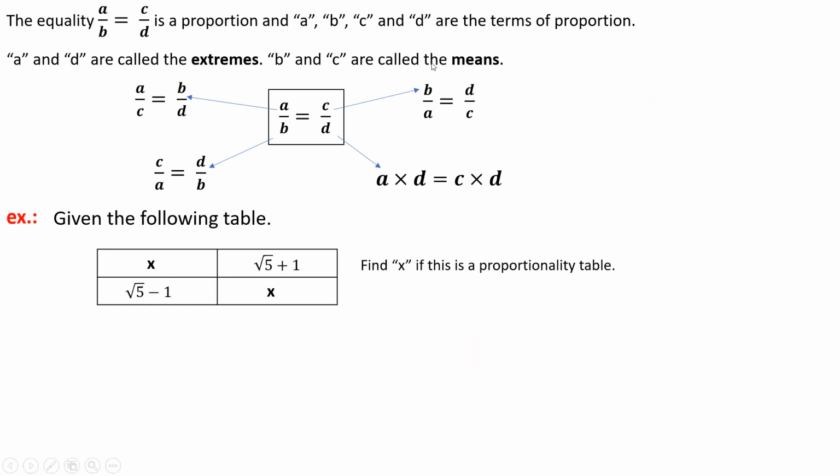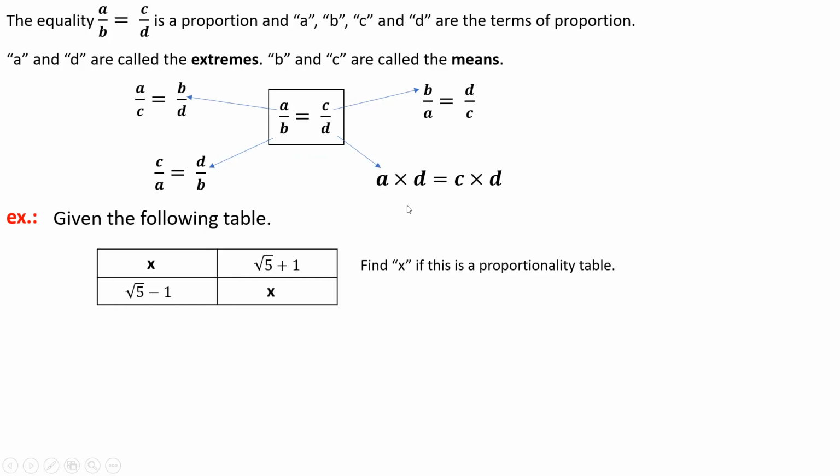C and B, we call them the means. What can we get from this proportionality equation? We can say, first, A over C is also equal to B over D, or C over A is equal to D over B, or we can say B over A is equal to D over C.